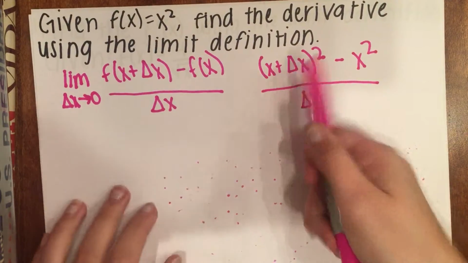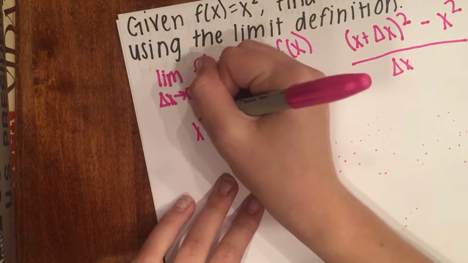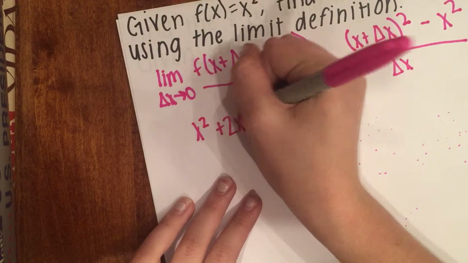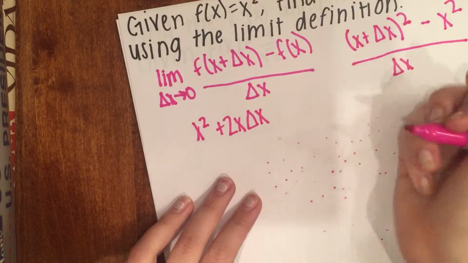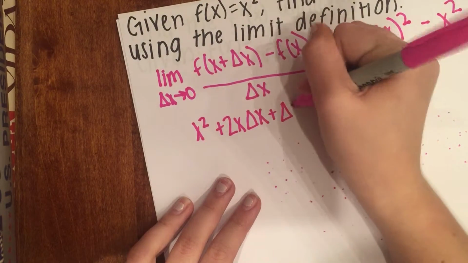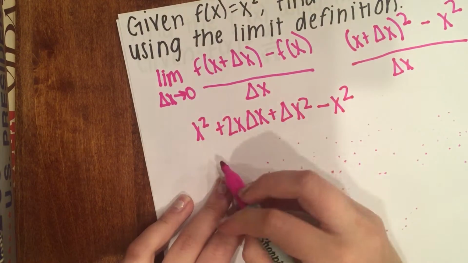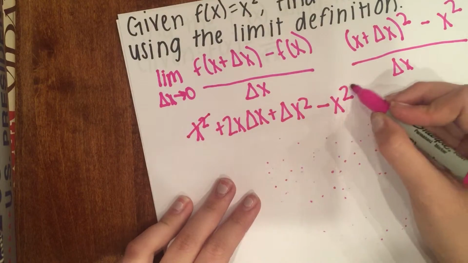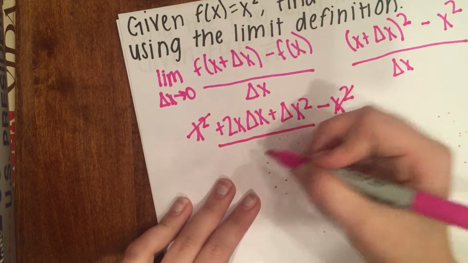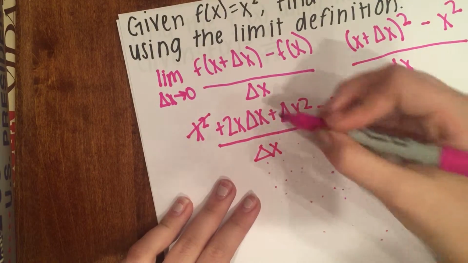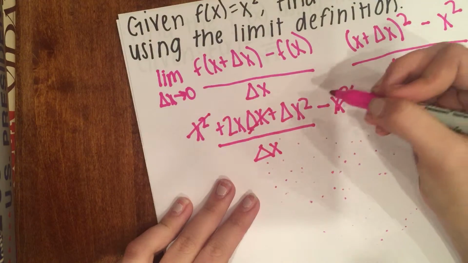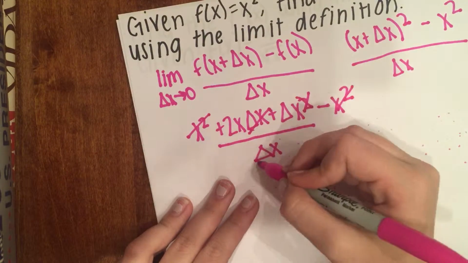First, I can rewrite this as x squared plus 2x delta x plus delta x squared. Then I have to subtract x squared, so these two cancel, and then divide by delta x. Now there's a delta x there that cancels, and one delta x there that cancels.